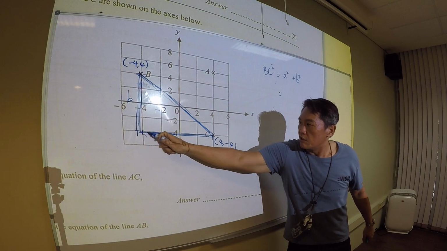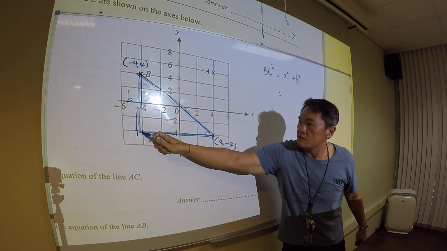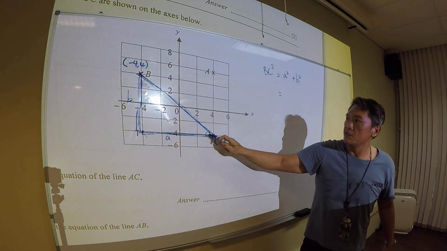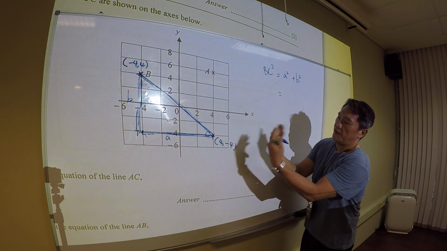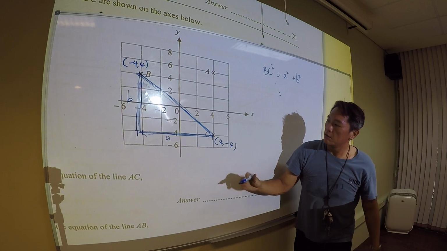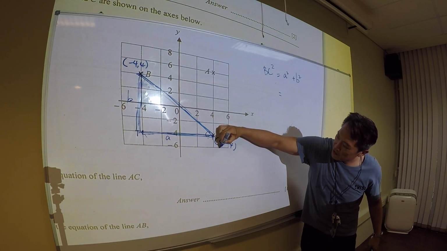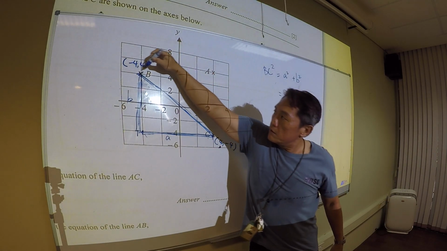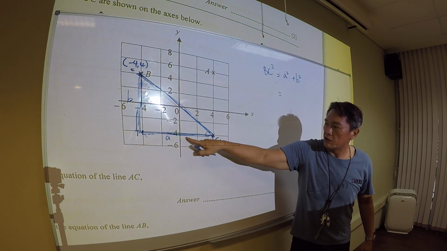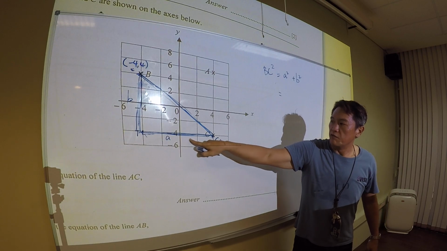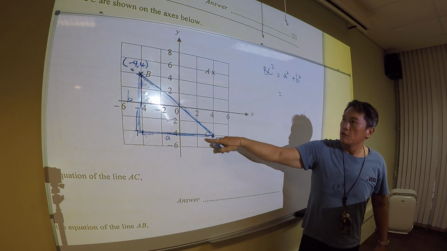A is the horizontal distance apart between C and B. How left and right they are is given by the X already. C is 4 units to the right, if we only look at the horizontal.